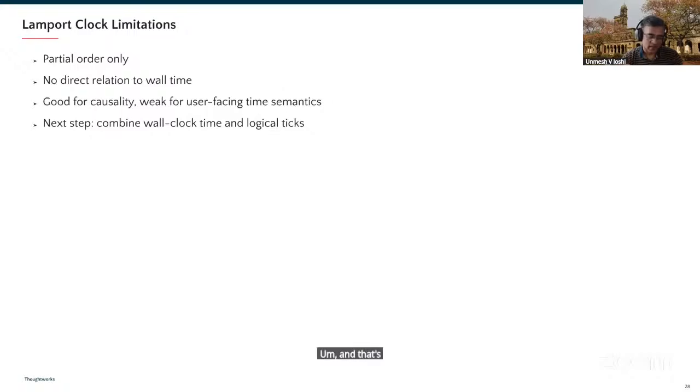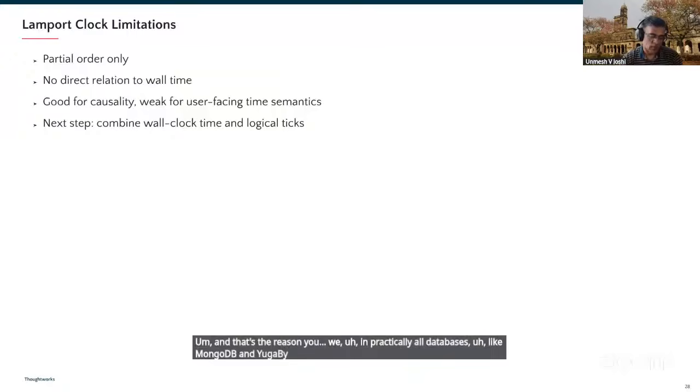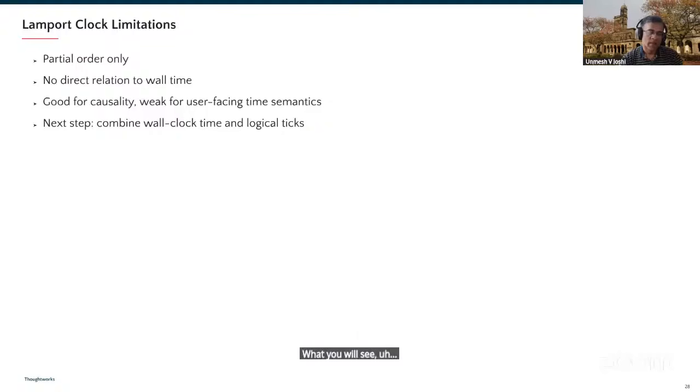And that's the reason why in practically all databases like MongoDB, YugabyteDB and CockroachDB, what you will see getting used is something called a hybrid clock.